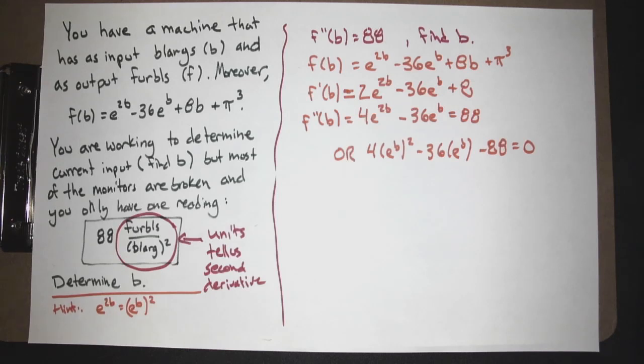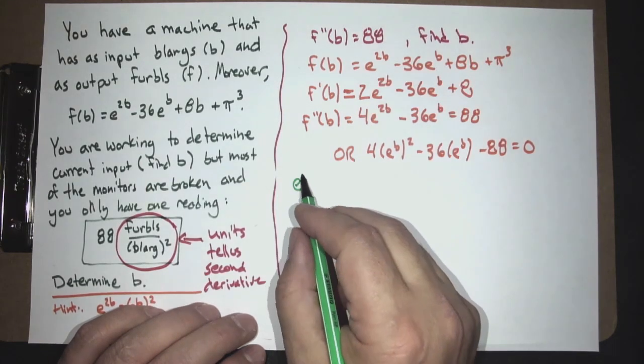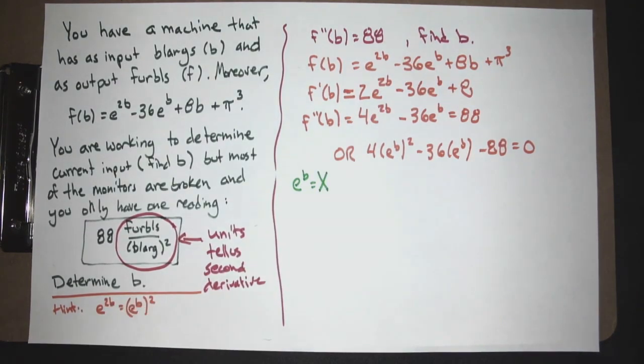The further on you go in math, you're like, wait, all you're doing is calling that thing something else? Yes, that's it. Isn't it cool? What do you want to call e to the b? X? All right. I thought you were going to be exotic and choose like y. But okay, we'll go with x. It's just a symbol.